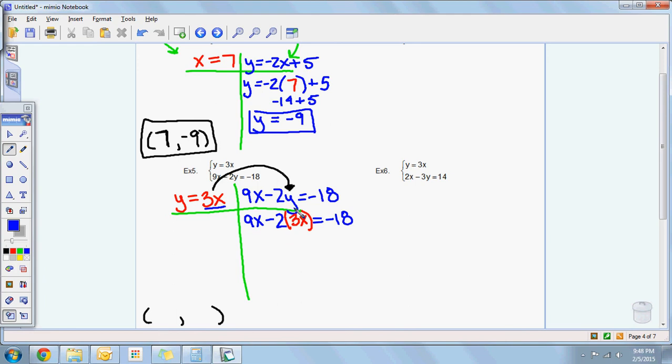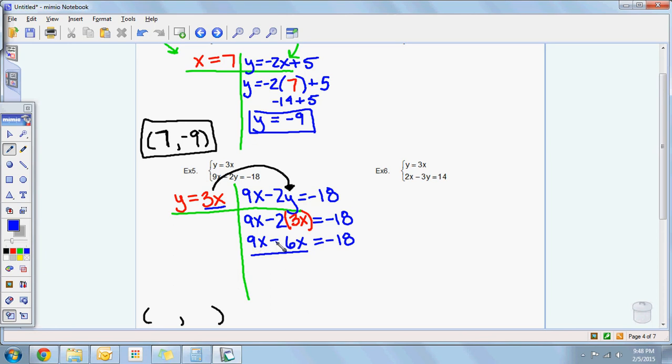The reason I do that is because I can't solve this equation with two different variables. Now that I've gotten rid of the y and all I have are x's, it's possible to solve for the x. So I'm going to do some simplifying. So I have 9x minus 6x is equal to negative 18. And now I have two x's on this side, so before I start moving things to the other side, I'm going to combine like terms.